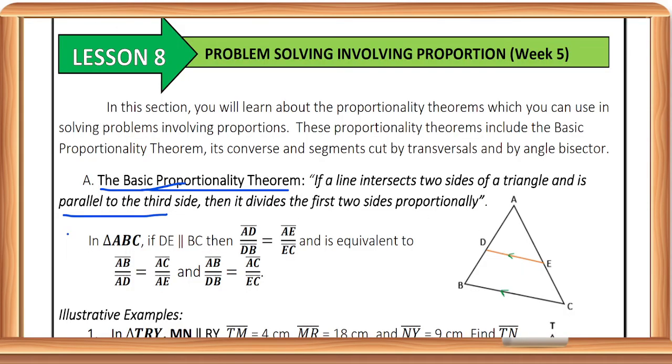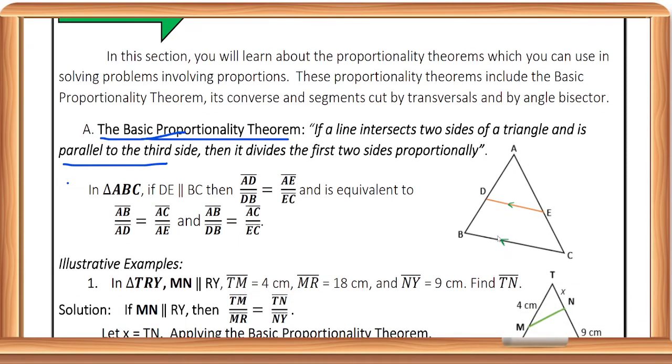So kung parallel itong segment na to passing through the two sides of the triangle, parallel siya dito sa third side, then this cuts the sides of the triangle proportionally, no? It divides this into, hindi divide equally, proportion lang, no?